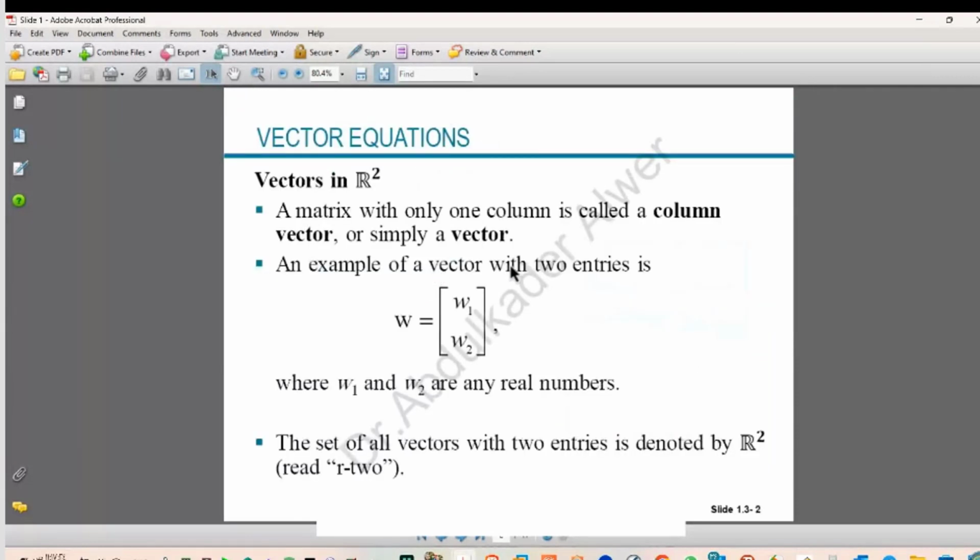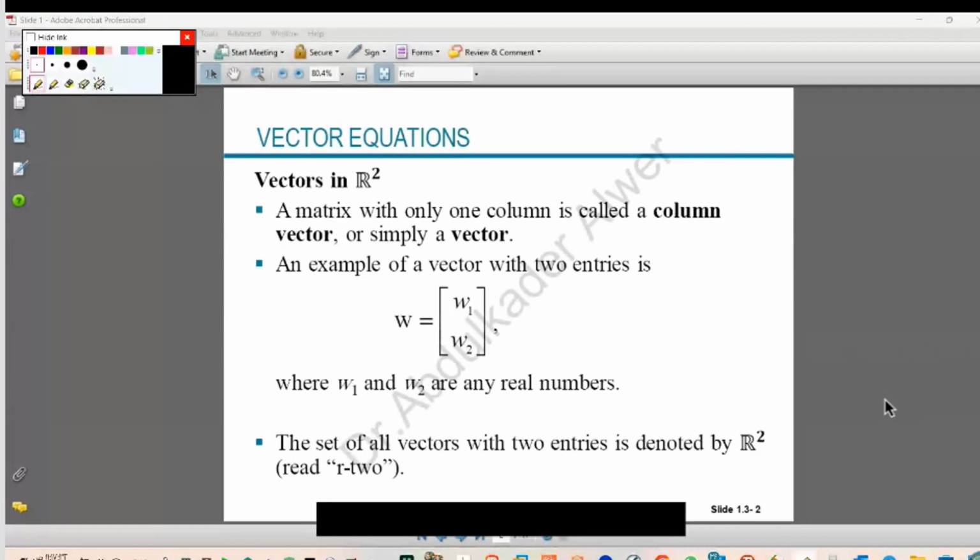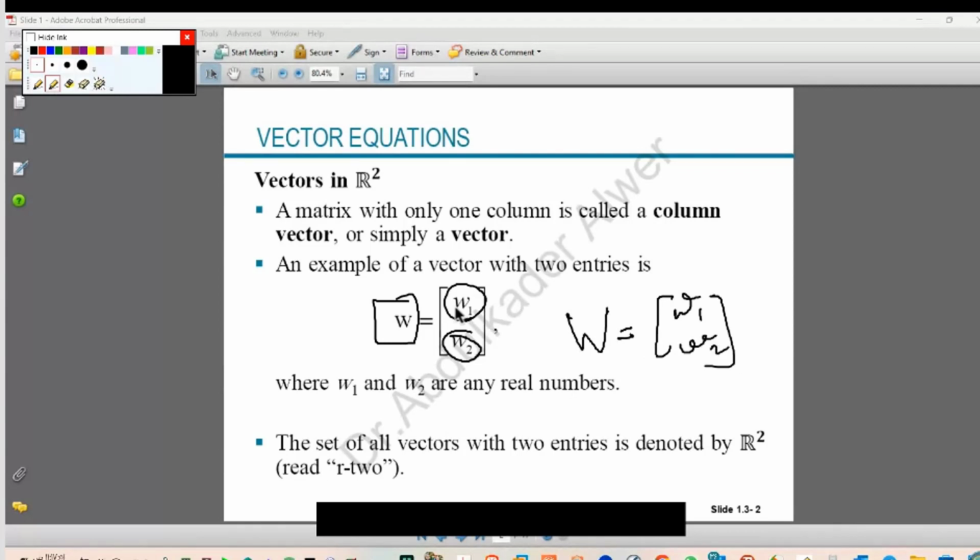Okay, so here we have the definition of a vector. This is the main vector, and these are the elements of the vector. So this is W, big W, and this is W1, W2 as elements of this vector.